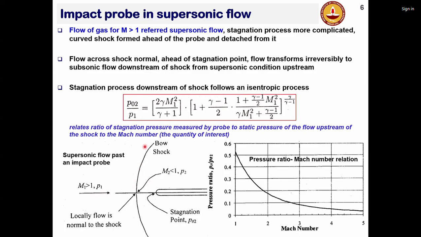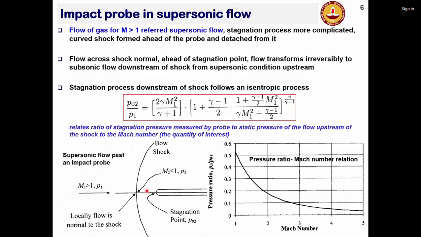So that means you see that across this line, you have a sudden change in the property, both velocity and pressure. And this is basically the bow shock that we just spoke about.